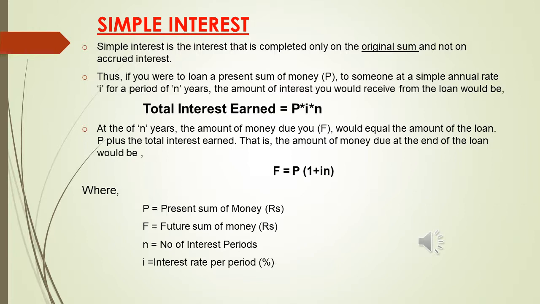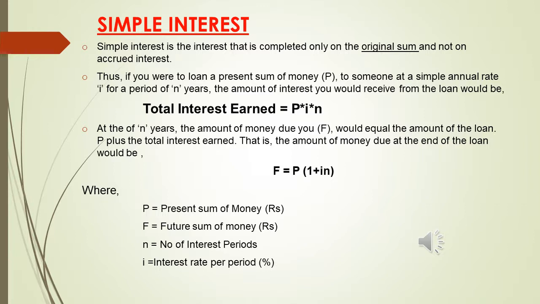Under simple interest, these are the formulas that you are going to use. Simple interest is the interest that is computed only on the original sum, and not on the accrued interest.